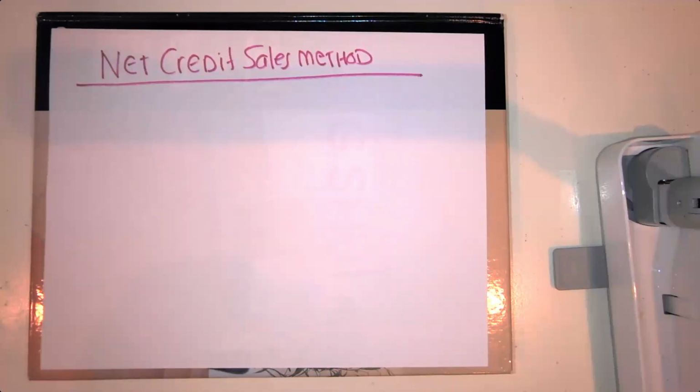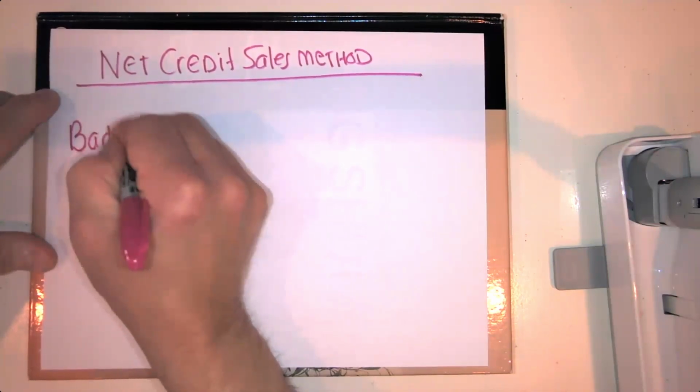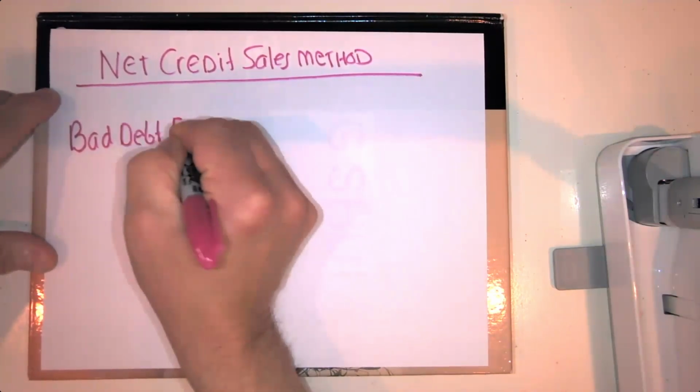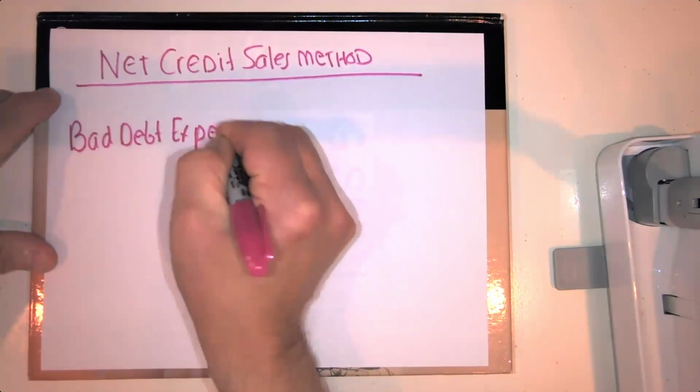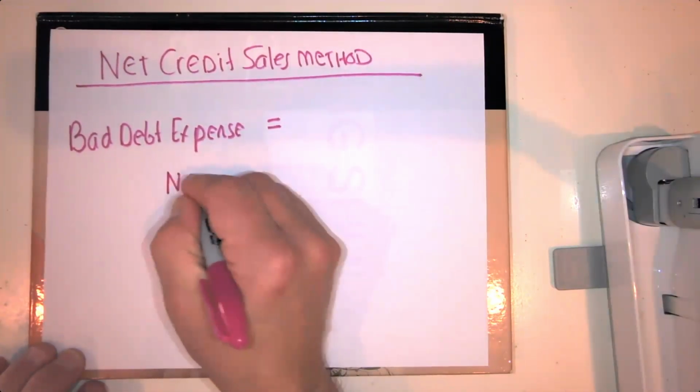And the net credit sales method, the way in which it estimates your bad debt expense, we will calculate our bad debt expense by taking the net credit sales for the year, the sales that we made to our customers.